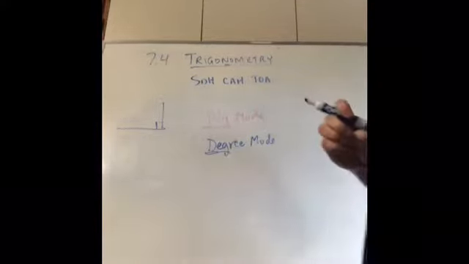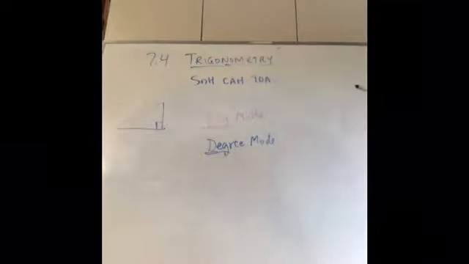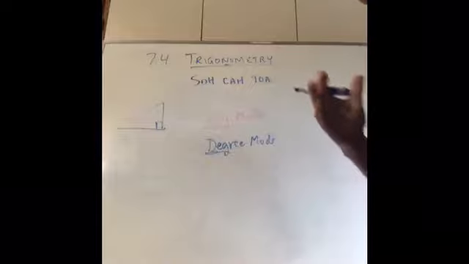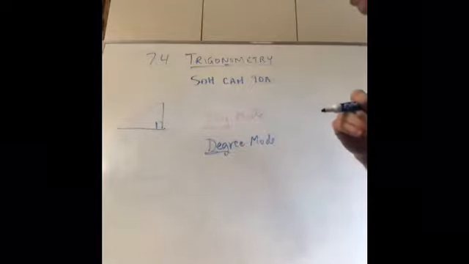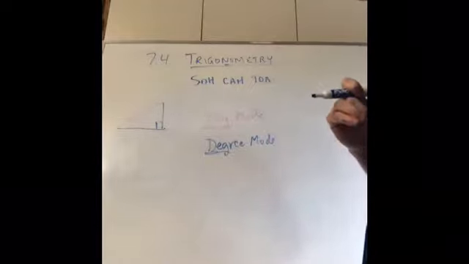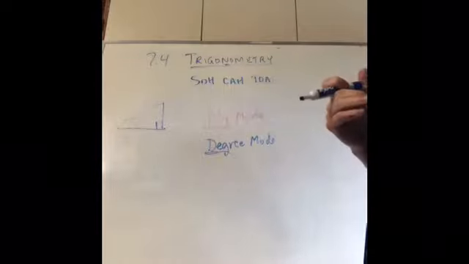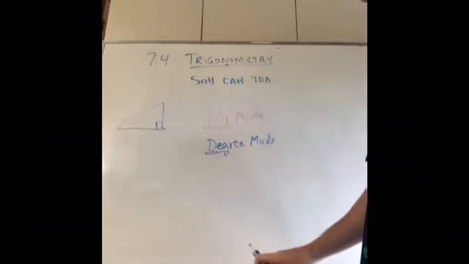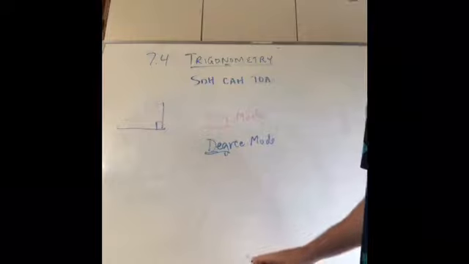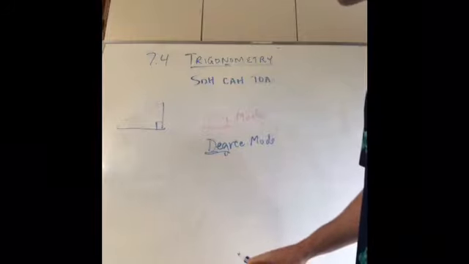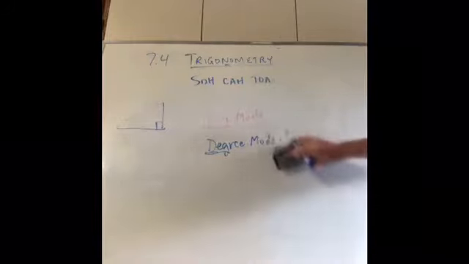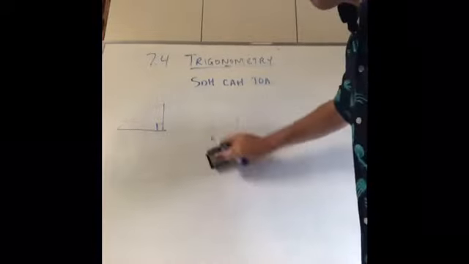Make sure it's in that mode for this to work. If you're getting the wrong answers, that could be the reason why. If you're having difficulty getting it into degree mode, just Google your calculator model and name, and you should be able to find that. Or if you still have the instructions, I know that's the first thing I throw out, but you should be able to find that information online.